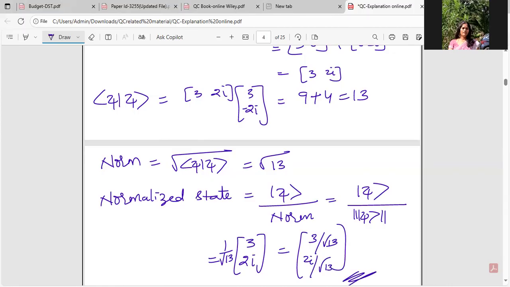This is the normalized vector of ket psi. This is how I'll find it.